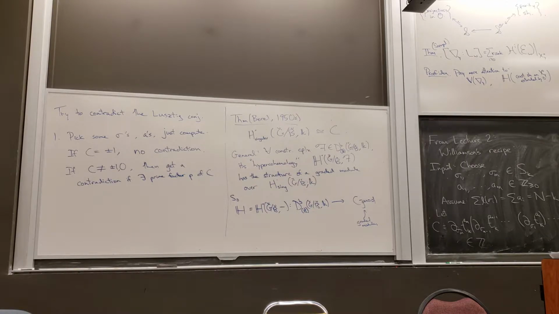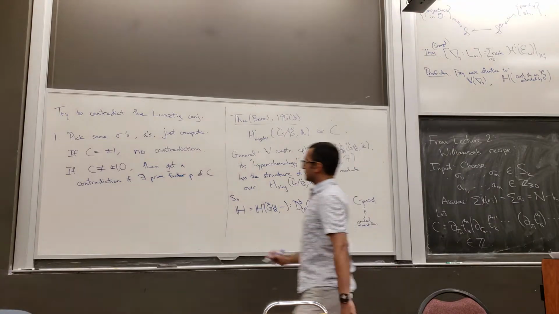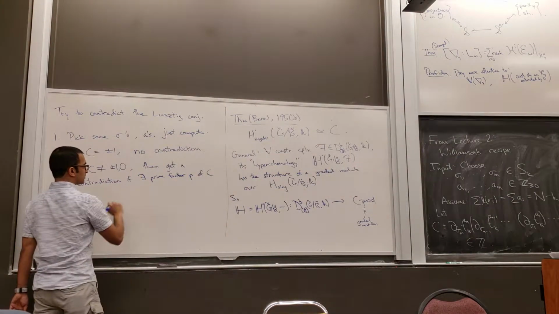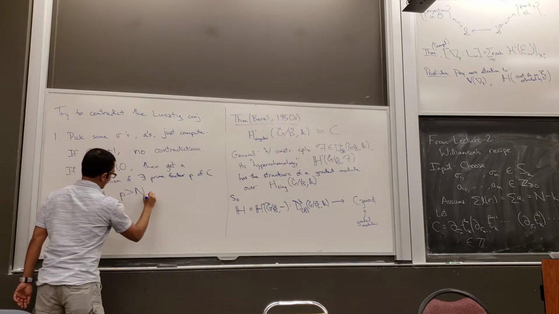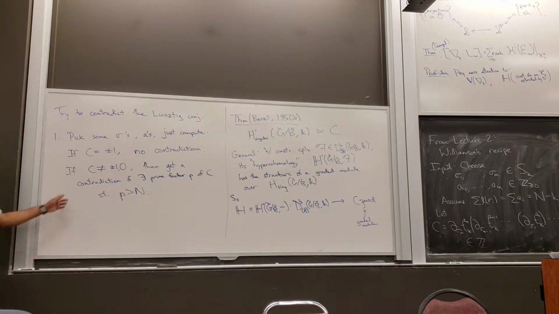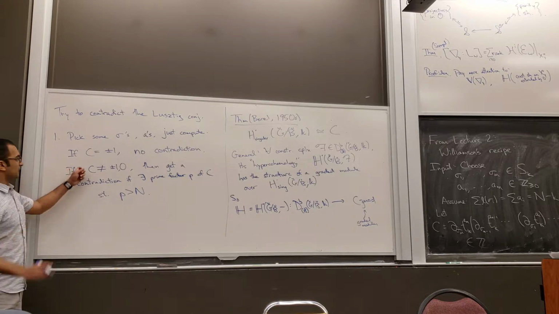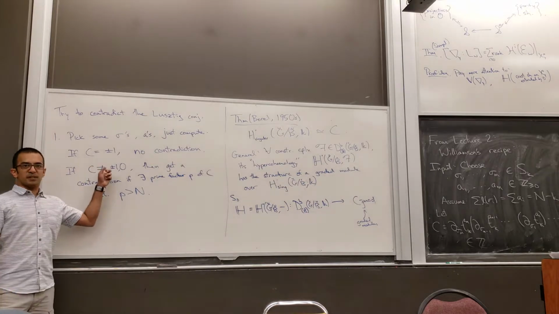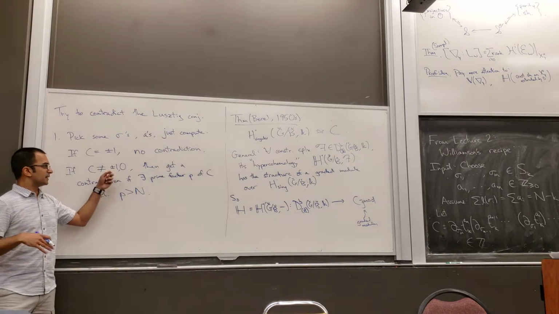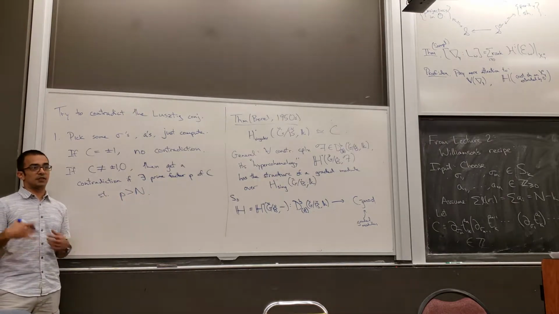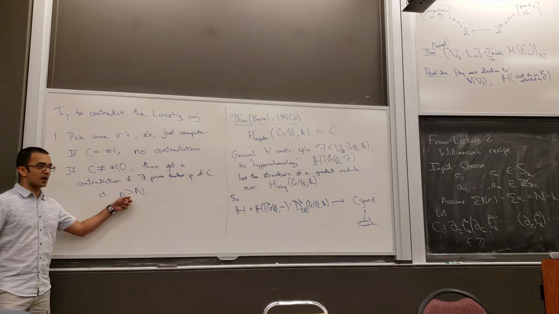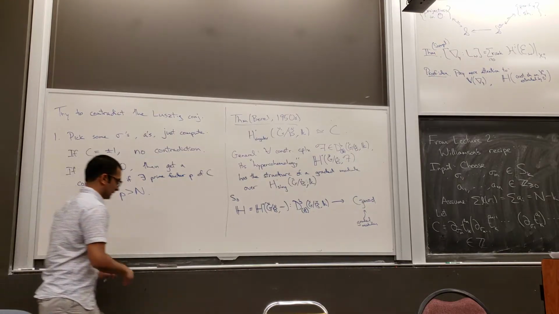But in order for that to be relevant, that prime P better be bigger than the Coxeter number, and the Coxeter number is capital N. So you get a contradiction if there exists a prime factor P of C such that P is bigger than N. And if you start trying this by hand, I think it's not so hard to come up with a case where capital C is not plus or minus 1. But in the smallest cases, capital N ends up being quite large, and so you don't get a contradiction for Lusztig's conjecture. You have to look for a while until you find one where there's a prime factor of C that's larger than capital N.